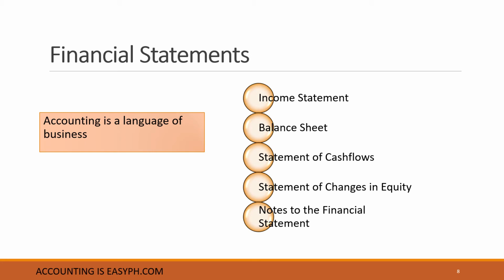For the statement of cash flows, you can look at the cash inflow and cash outflow of the business. While in the statement of changes in equity, you can identify the results of the equity of the business, whether they have withdrawals or some investment on their equity.